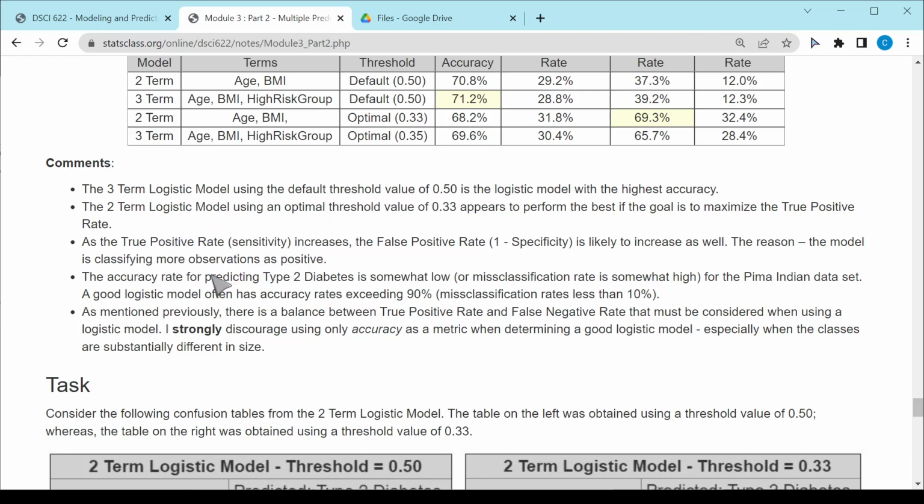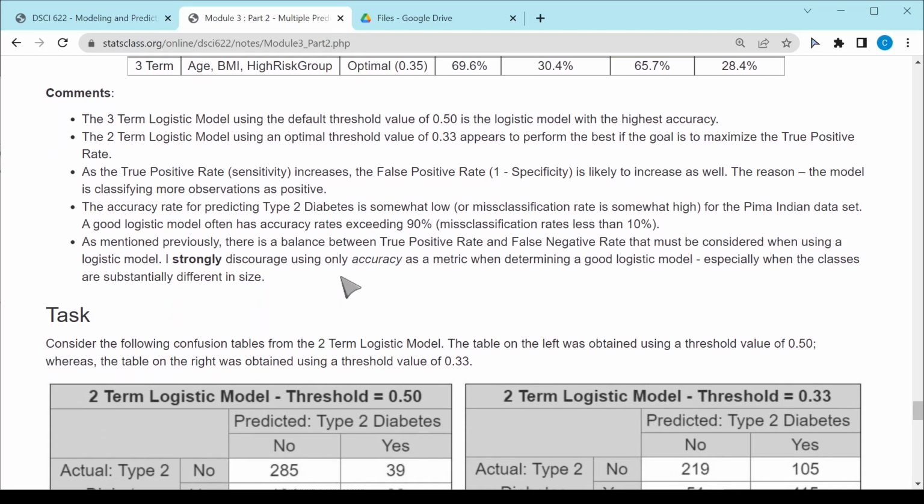I think we hit most of these. So this comment here is that oftentimes we can get our misclassification rates down to less than 10%. Again, the Pima Indian data set isn't real great in terms of its misclassification rates and accuracy rates.